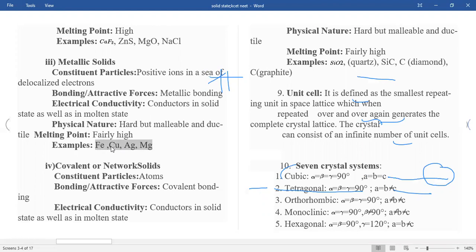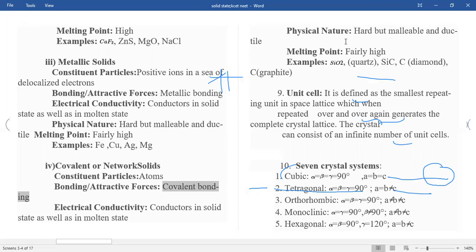Now the next type of crystalline solids is covalent or network solids, dear students. When it comes to covalent or network solids, the constituent particles are atoms, and the bonding is covalent bond. So electrical conductivity, yes, they can be a conductor in solid state as well as in molten state.